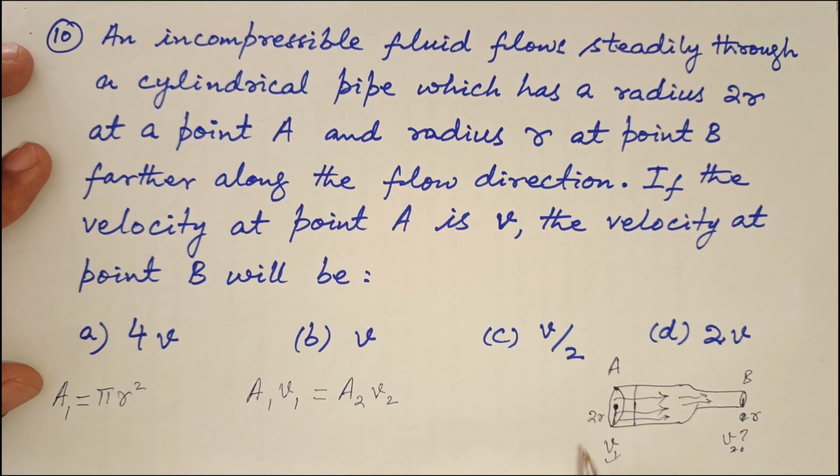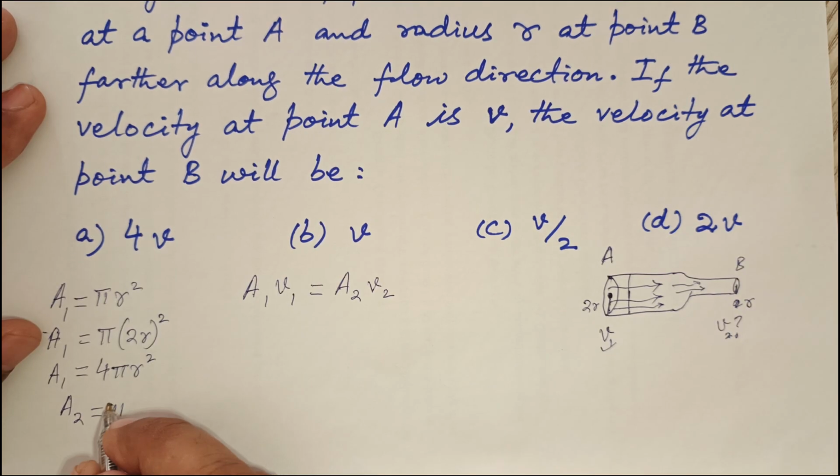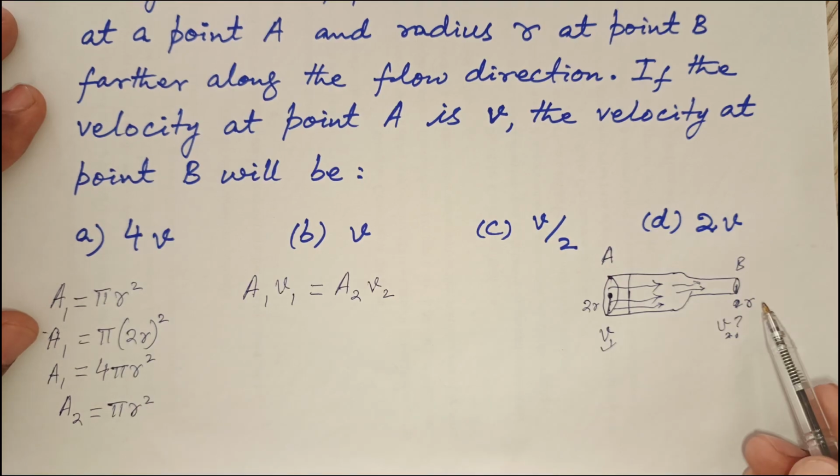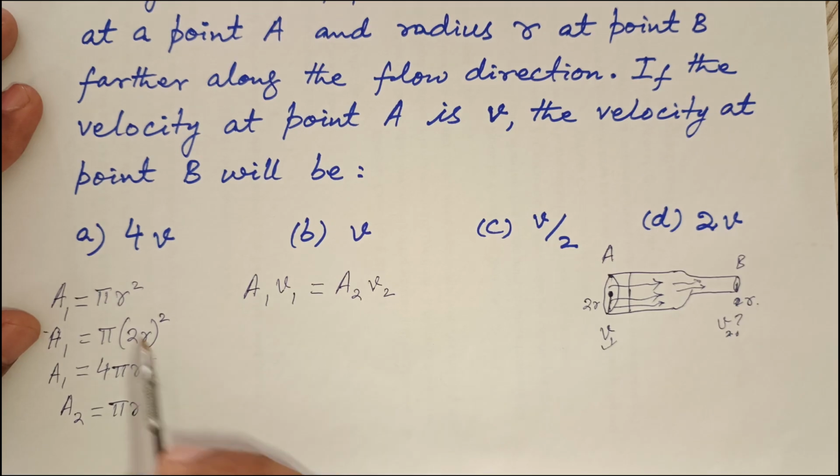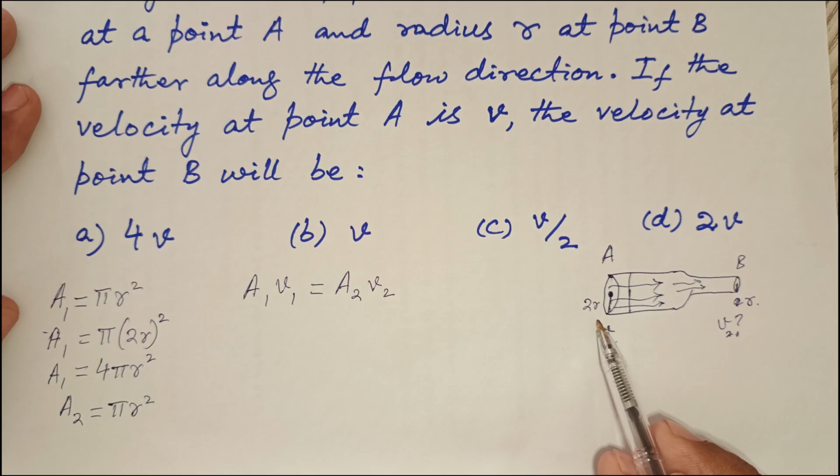At A1 we have 2r, so A1 equals pi (2r) whole squared. So A1 equals 4 pi r squared. A2 is pi r squared, as the radius at point B is r. Here it was changed to 2r because the radius was 2r.